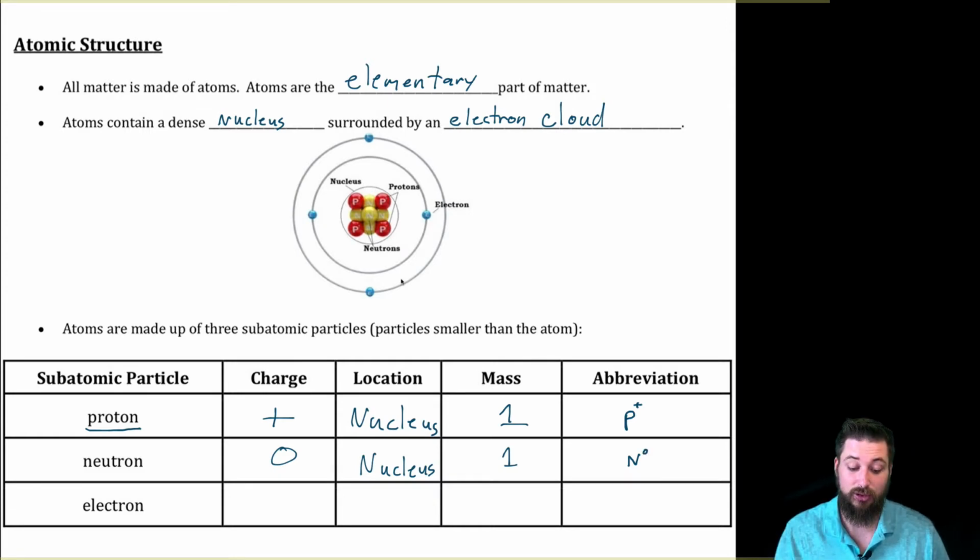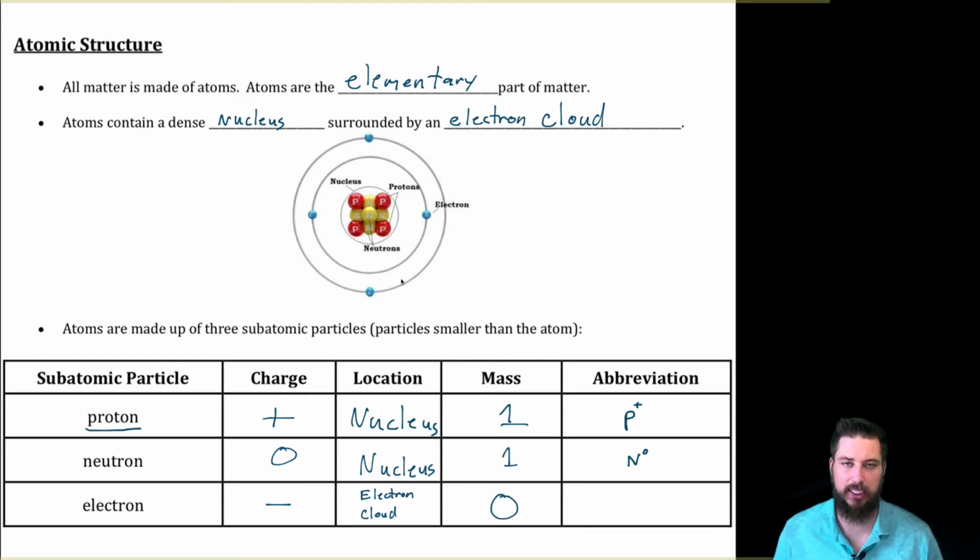Now, an electron is negative. It is not located in the nucleus, but rather it's located in the electron cloud, which is around the nucleus. It actually has a mass of 0.